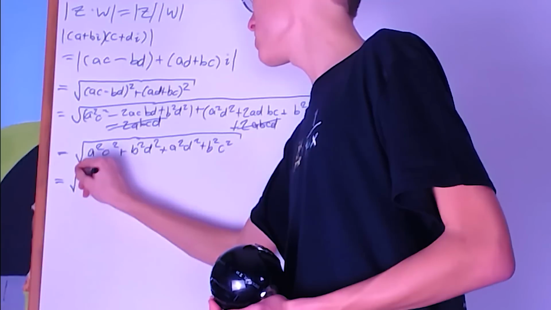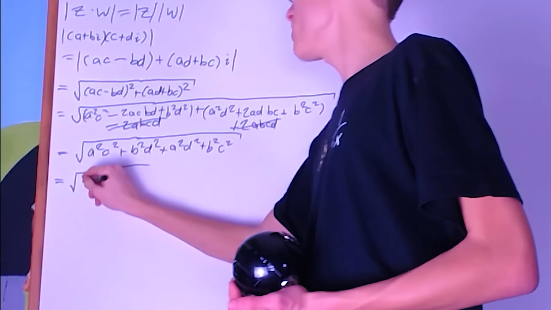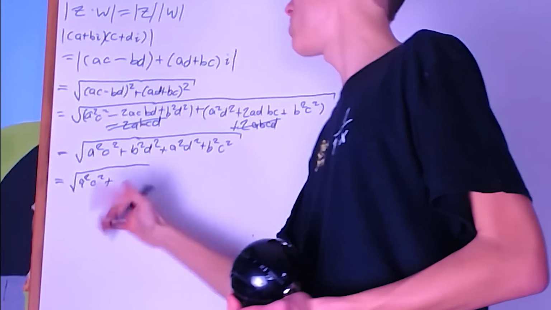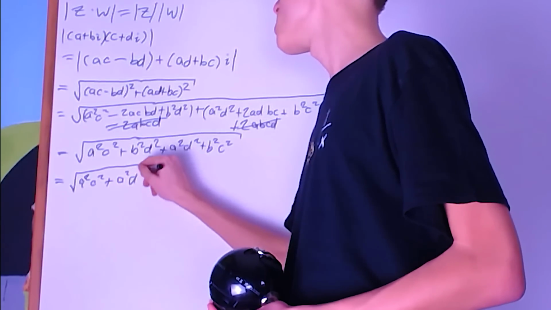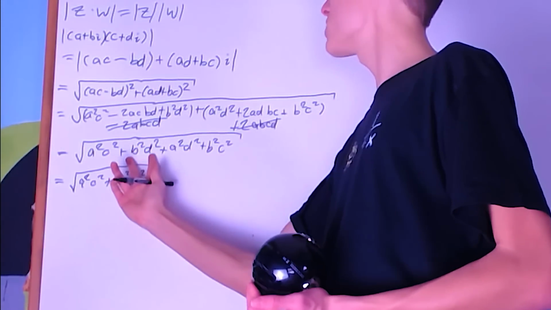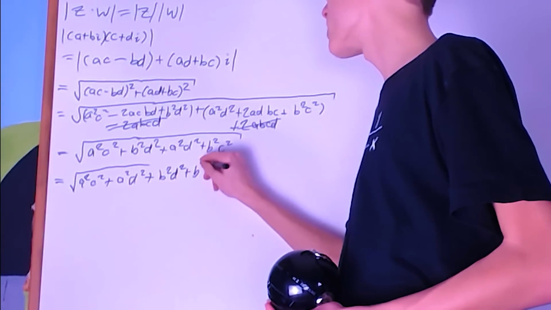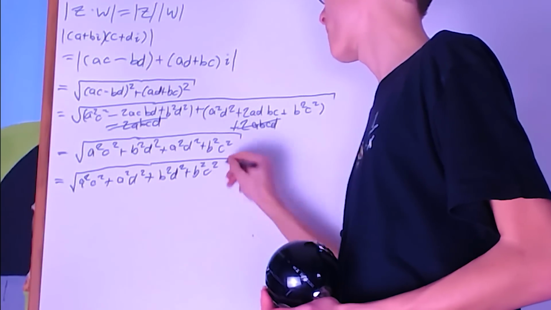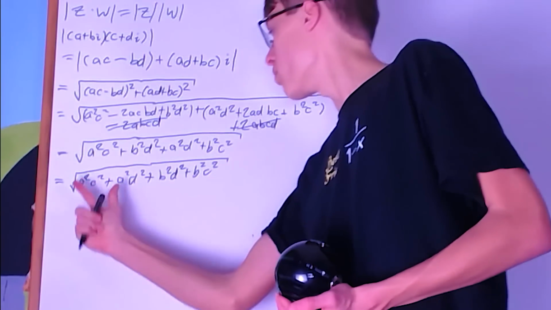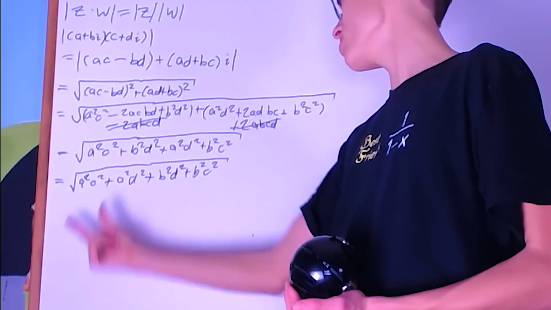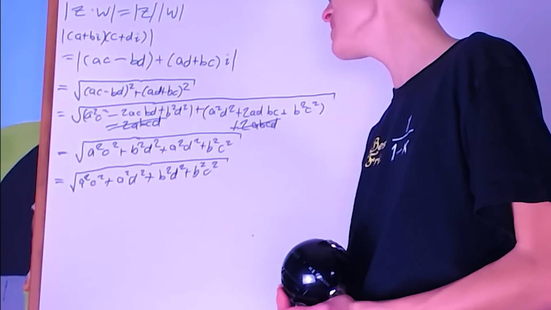Alright, now this is going to be equal to, let's do a squared c squared. Let's move this a squared d squared right there. And then I'm going to move this b squared d squared right there. And I'm going to leave the b squared c squared right at the end. Now what I'm going to do, both of these terms have a squared in them, and both of these terms have b squared in them.